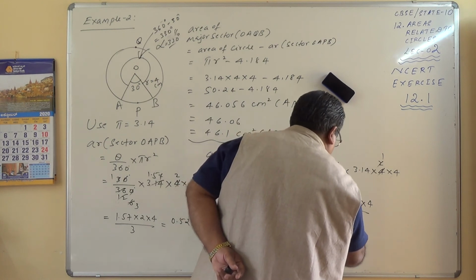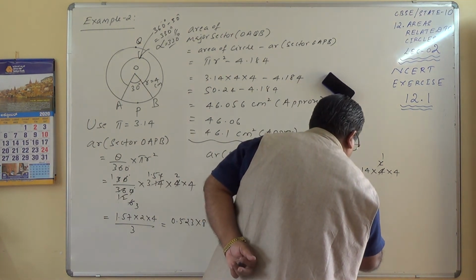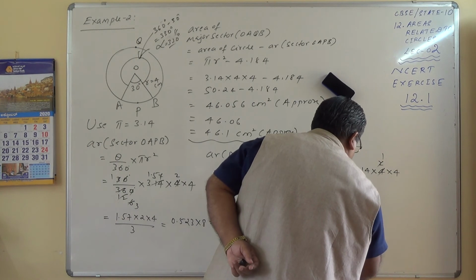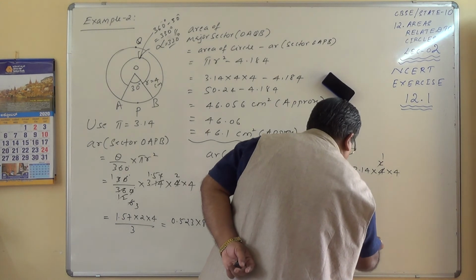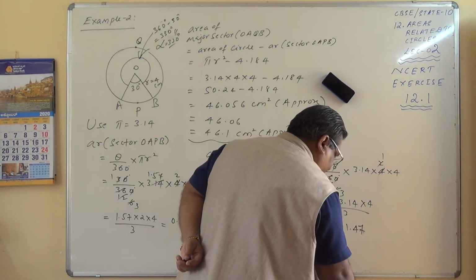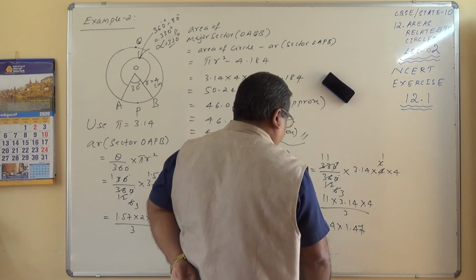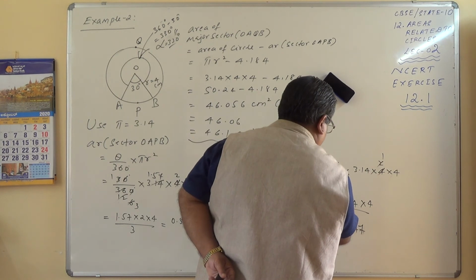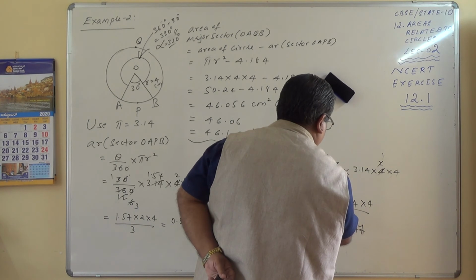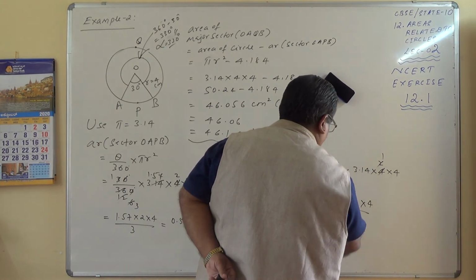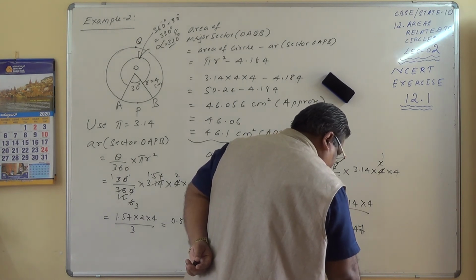I am taking it approximately 3 ones are 3, 3 fours are 12, and so on. So this is equal to 44, how much are you getting? 46. 11 into 4, 44 into 1.47.